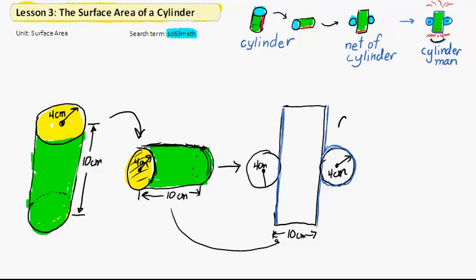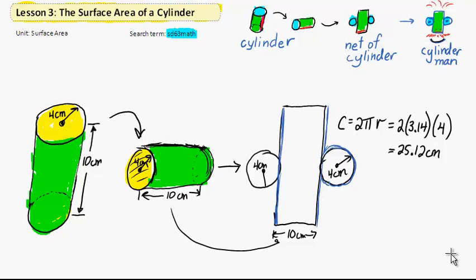And the circumference of a circle is 2 times pi times the radius of the circle, which in this case is 2 times, well, pi is always approximately 3.14, and the radius is 4 centimeters, which just happens to be 25.12 centimeters long.